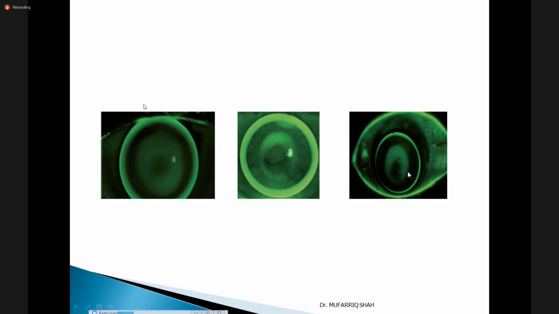And if you see here, the cone has a low location, a bit down as compared to the other cases. Can you see the cone here? Yes, sir. It is not exactly at the center, it is down. So here you will increase the edge lift, right? If you increase the edge lift and the lens comes down more, then what will you need?